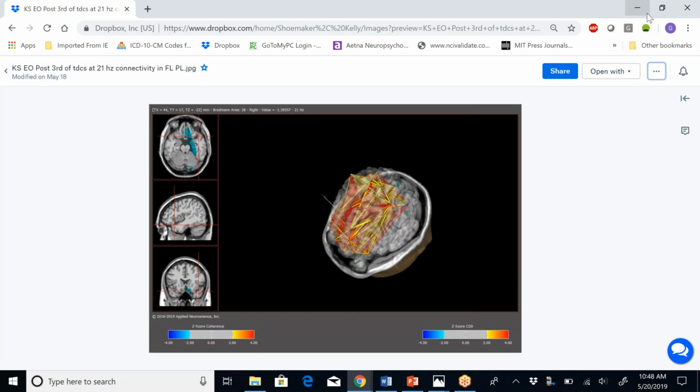There's another form called tRNS, which is random noise, where you can manipulate all different types in a very random fashion, frequencies from 60 to 500 hertz. We're looking at that in Alzheimer's disease in particular. So those 3, tDCS, tACS, tRNS, are the 3 main passive neuromodulatory interventions that we're studying here.